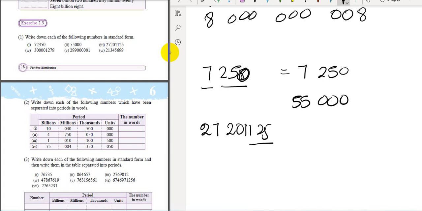The third one is 272101125. This 3 125, and this 3 201,027 million. Likewise, we have to separate from right to left. Separate three digits. Each period gets 3 digits.